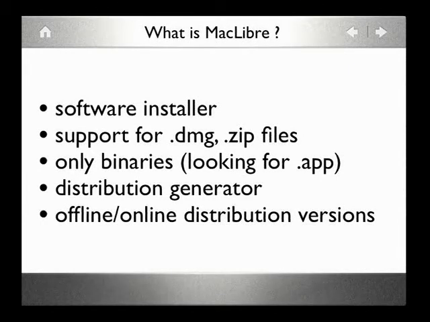With offline distribution, you have everything inside your DMG image. With online distributions, the XML file with package descriptions is downloaded from the server, and based on XML parsing, we build a package tree, and you can choose whatever software you want to install.